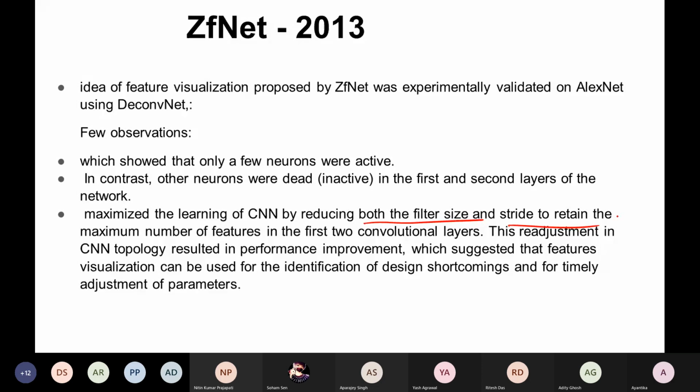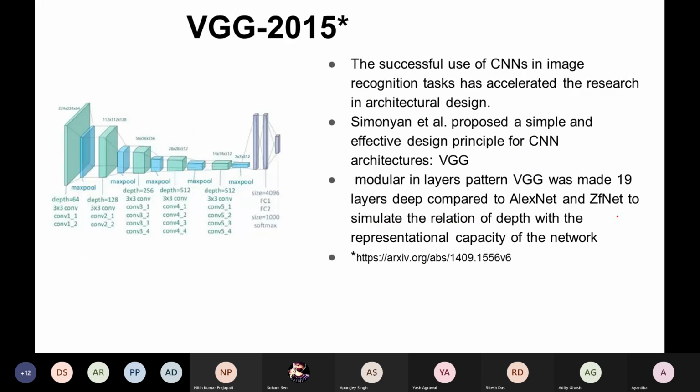Nowadays we do not use ZFNet much, but the observations made by this model were very significant because they affected the upcoming CNN models, that is VGG and GoogleNet. I think these names are very heavily known to us.